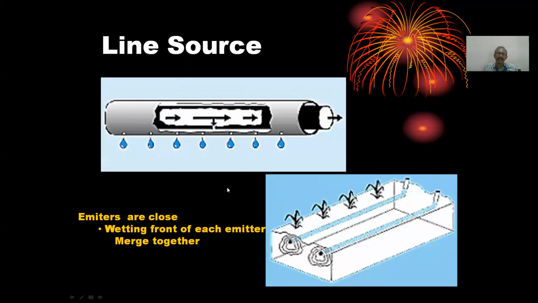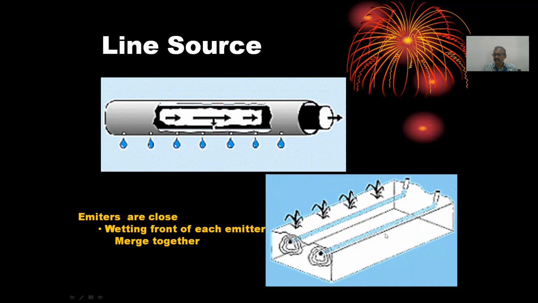Next is the line source. In line source, the drippers are so close, and mostly the drippers are embedded inside the lateral. After some time, within half an hour or so, the wetted zone... See here, this is a lateral, and you have drippers placed near each other.